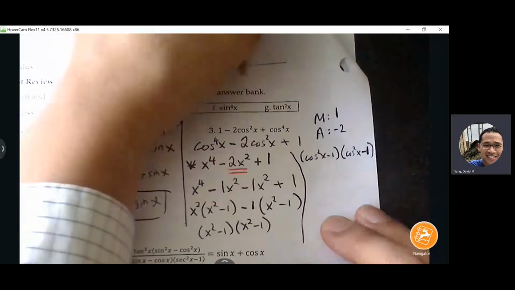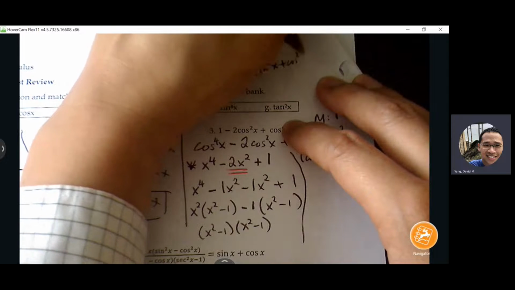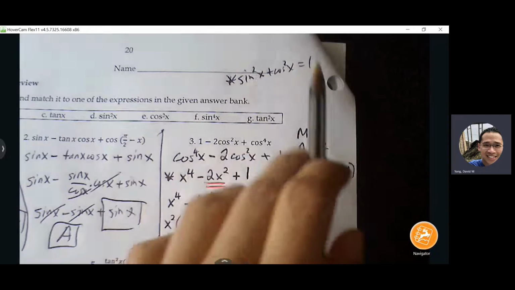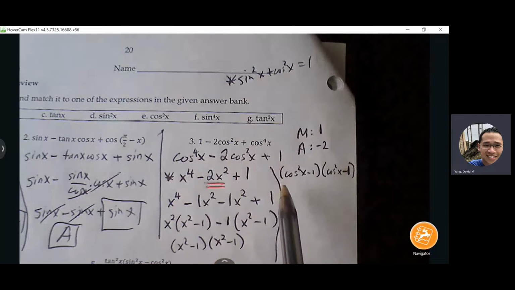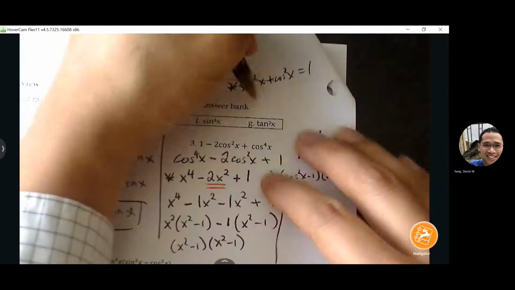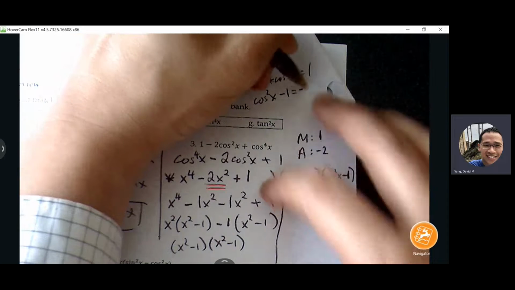Okay, we have an identity, right? We have sine squared x plus cosine squared x equals 1. So what would that look like if I were to rearrange my identity to make cosine squared x minus 1? Negative sine squared, right?